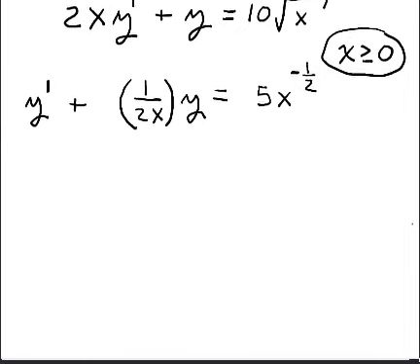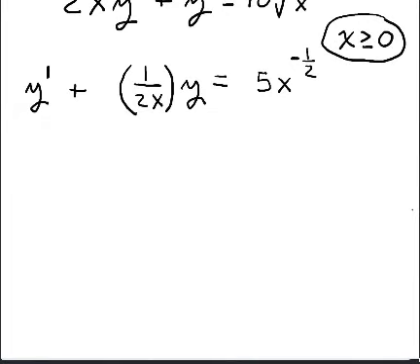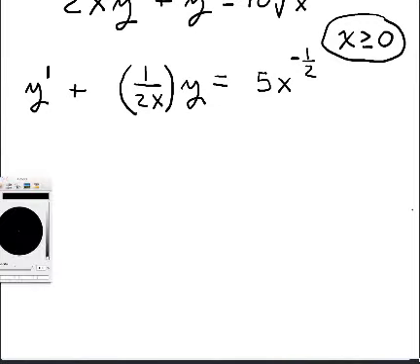Now, the first thing you need to do for the integrating factor, I'll do this in blue, is integrate this coefficient right here.